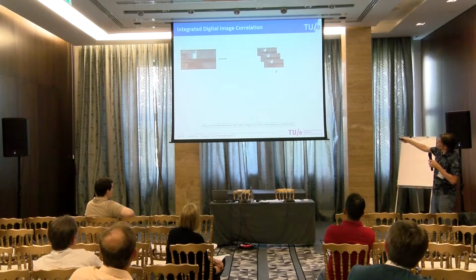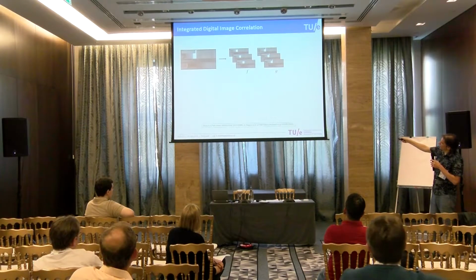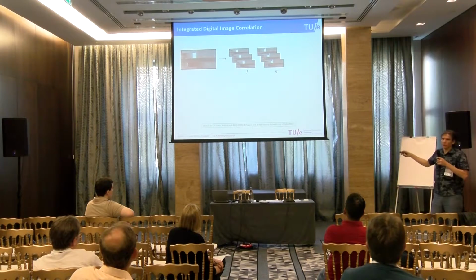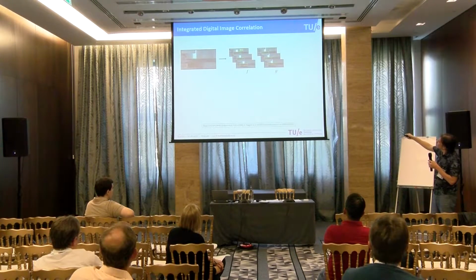We call these G, the deformed images. You see it opening here, and we can compare each of these images with its reference, which is called F. If we subtract these two directly in a certain region of interest, we get a residual. Initially the residual is not so large, but when it starts opening, the residual increases.